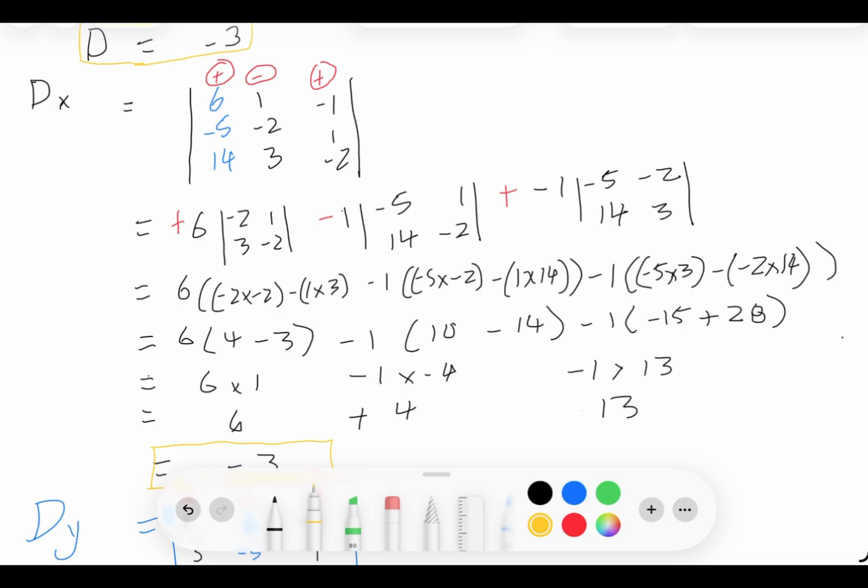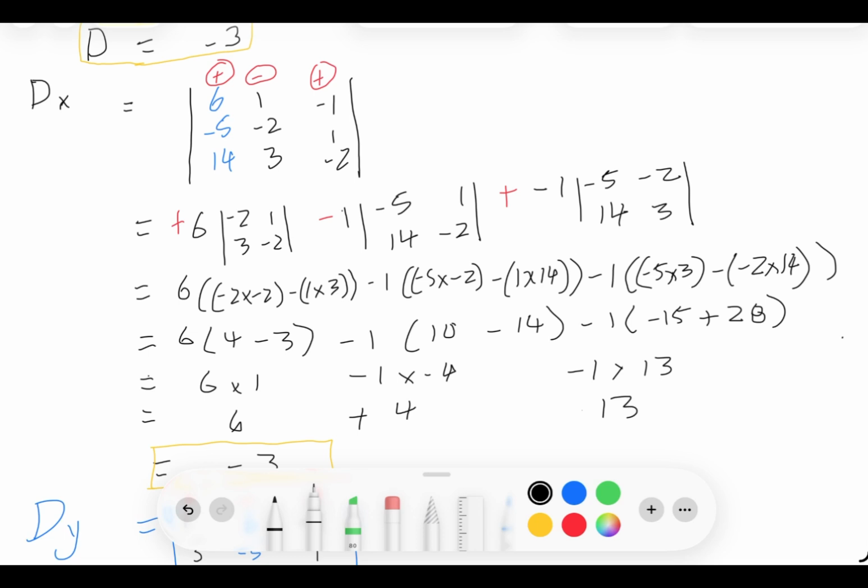So it's going to be equal to 6, in brackets, negative 2 times negative 2 minus 1 times 3. Minus 1 times in brackets, negative 5 times negative 2 minus 1 times 14. And minus 1 times in brackets, negative 5 times 3 minus negative 2 times 14.